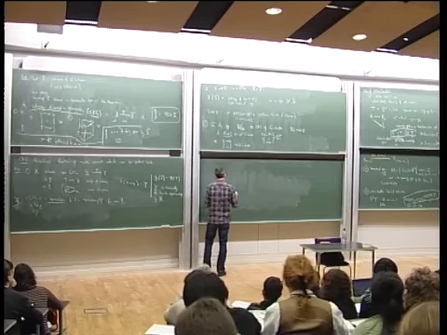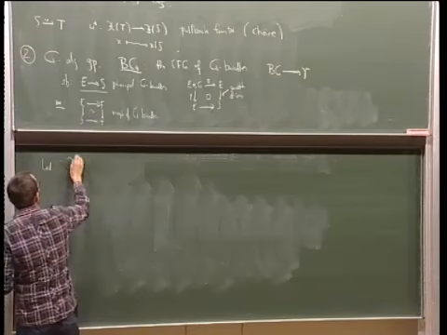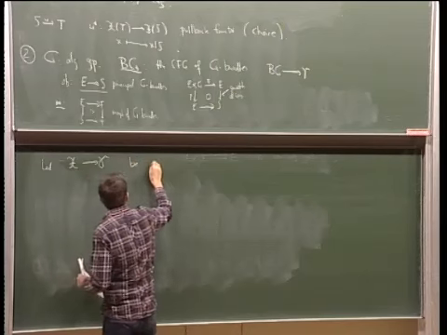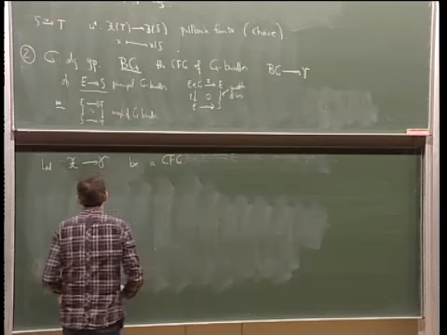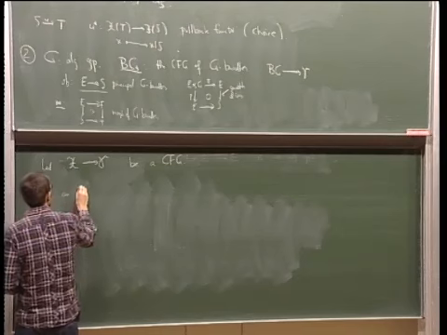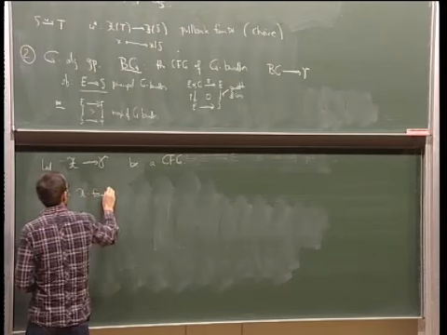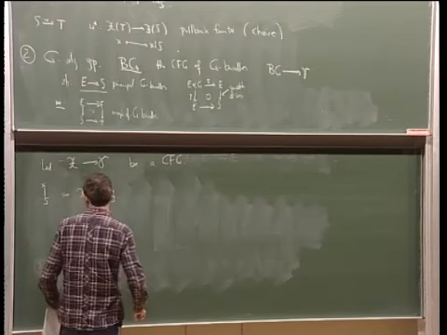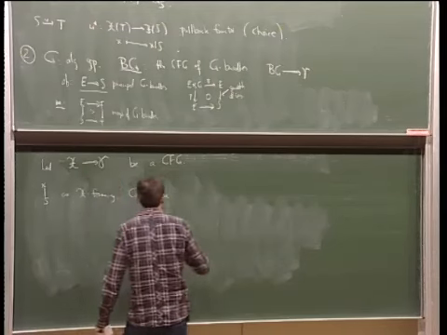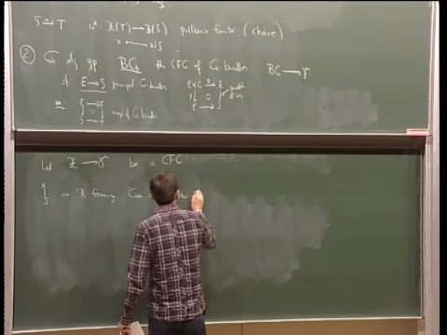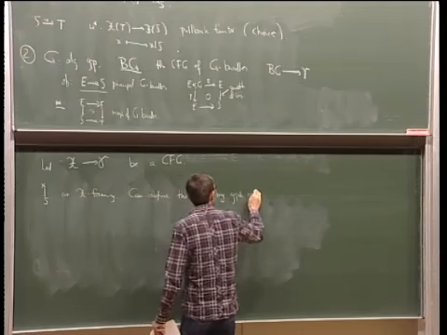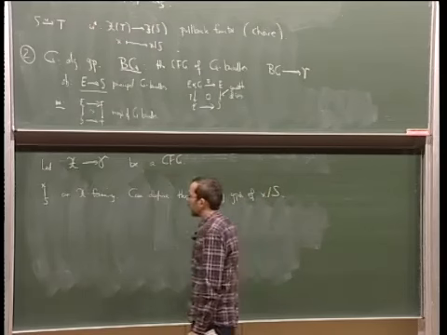Let X over S be a CFG, X over S an X family, then we can define the symmetry groupoid of this family X over S.